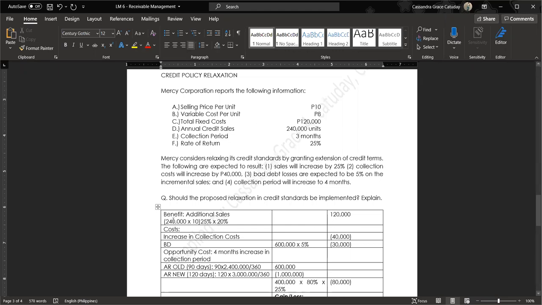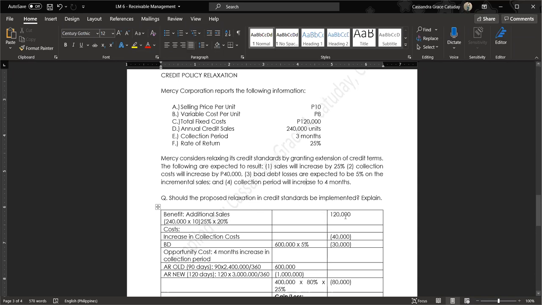Again, 240,000 multiplied by 10, because 10 per unit is the selling price. Multiply again by 25% because that is the increase in sales, and multiply again by 20%, which is the contribution margin ratio.